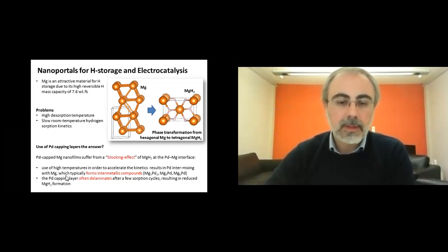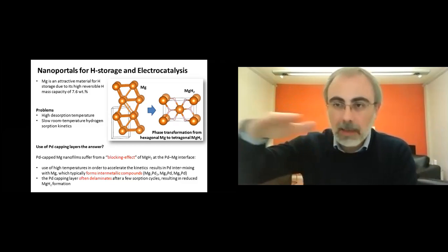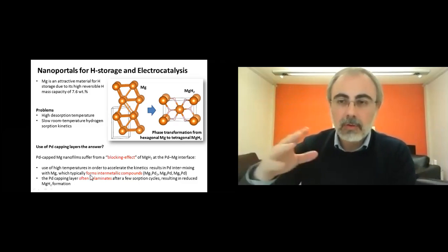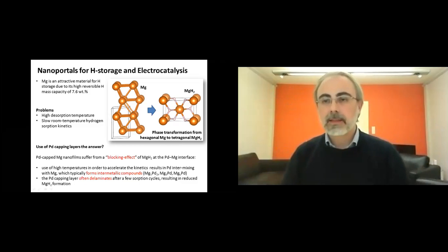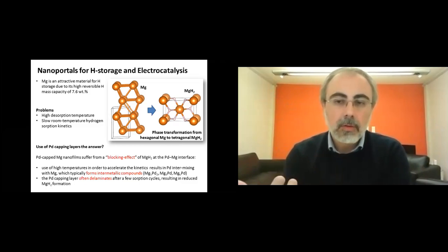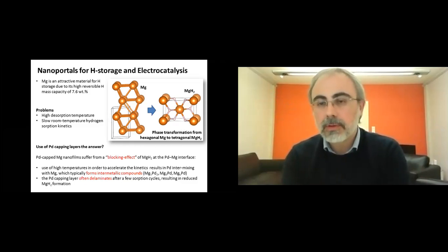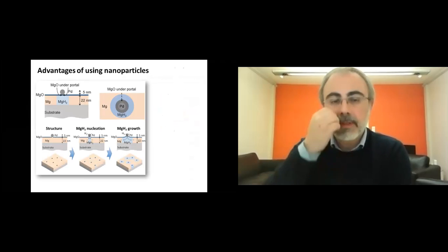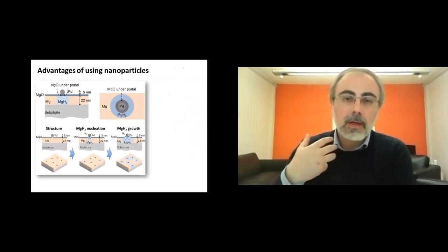And of course, because of the large amount of palladium, there are intermetallic compounds being formed at the interface, which also, with different stress and strains, create delamination of the film after a few sorption cycles. So in principle, the structure was promising, but still problematic.